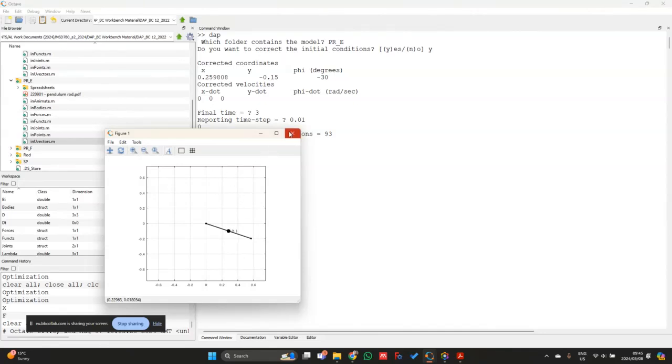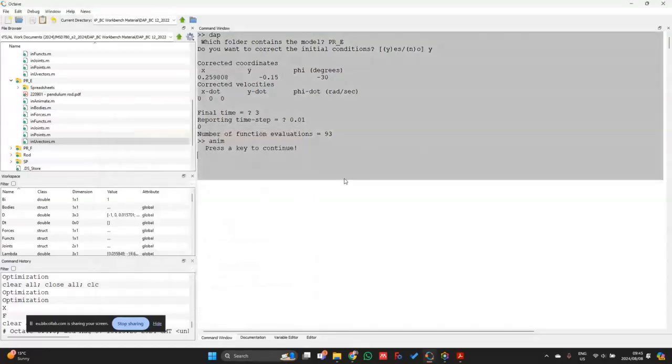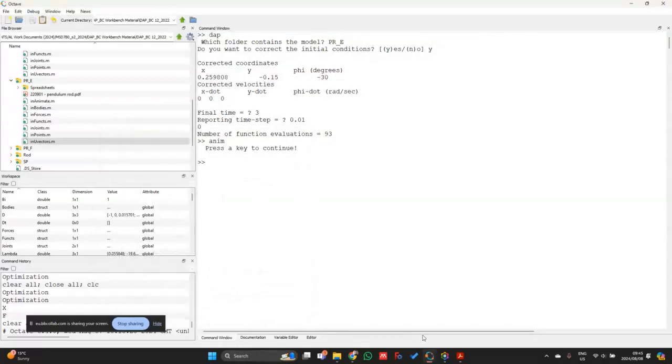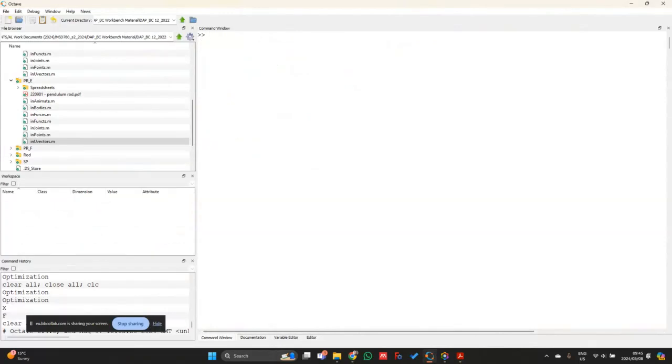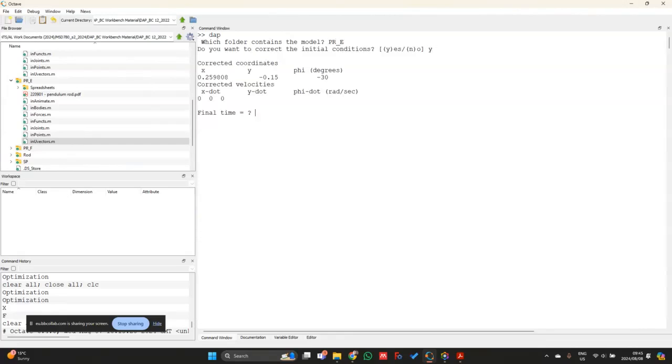Okay, so it does seem to be taking a while. I'll see if I maybe can cancel this, close this one, and let's perhaps try it again with a bit of a more coarse time step. So if I just type in DAP again, PR_E, yes, I want to correct it.